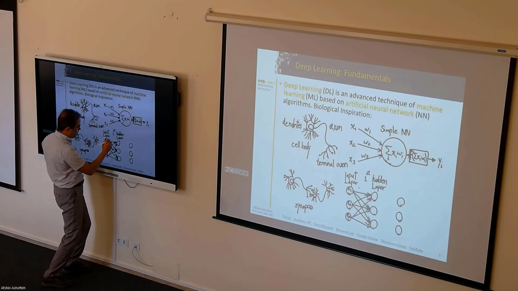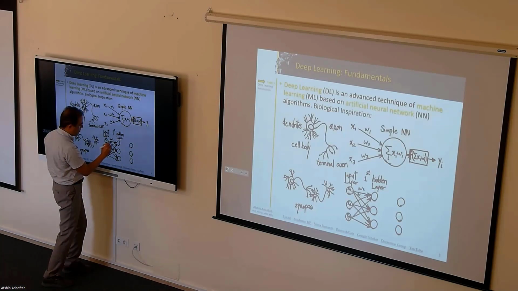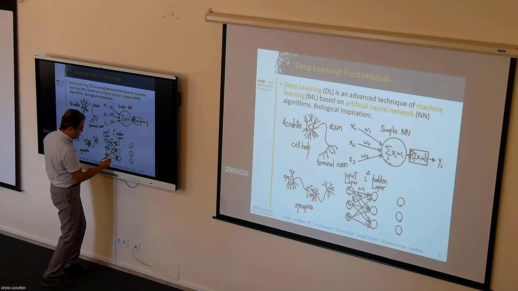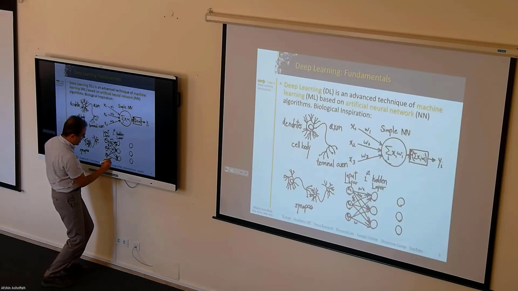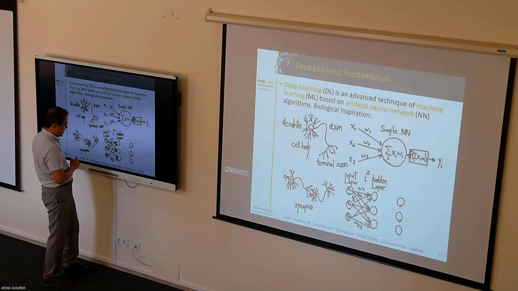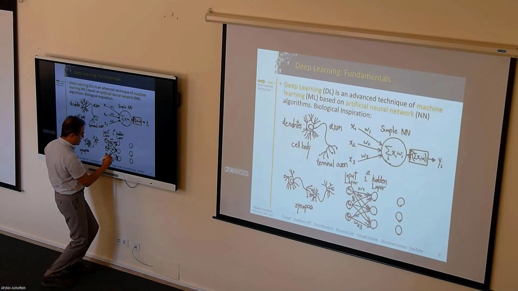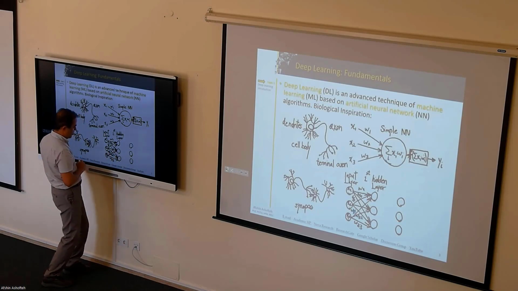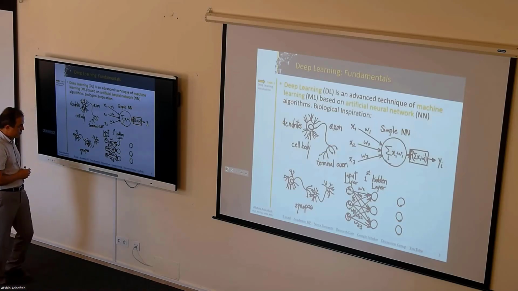So we have also these weights for this one, W11, W12, for this one, W13. For the second one or third one, we can have also these weights, right? So W32 and W31 would be the weights for the third one.